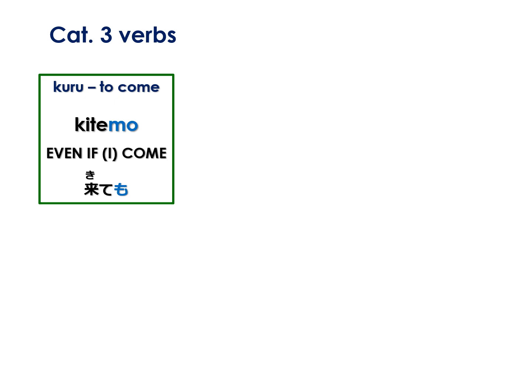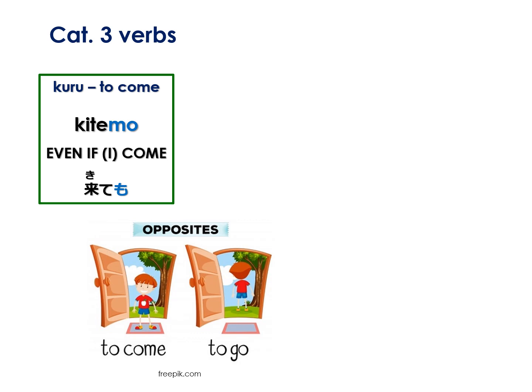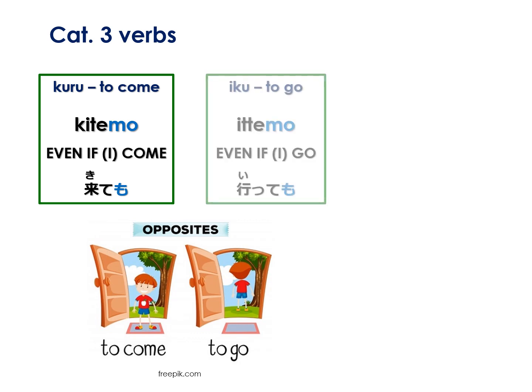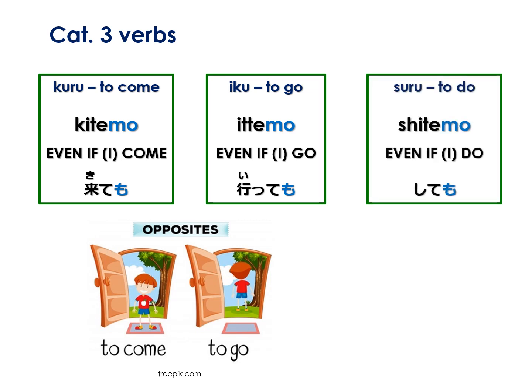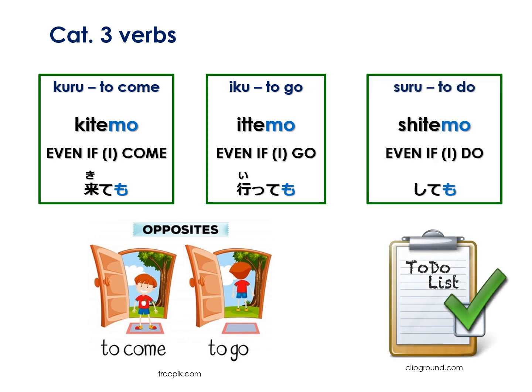And for the category 3 verbs, kuru means to come, and kitemo means even if I come. Iku means to go, and ittemo means even if I go. Suru means to do, and shitemo means even if I do.